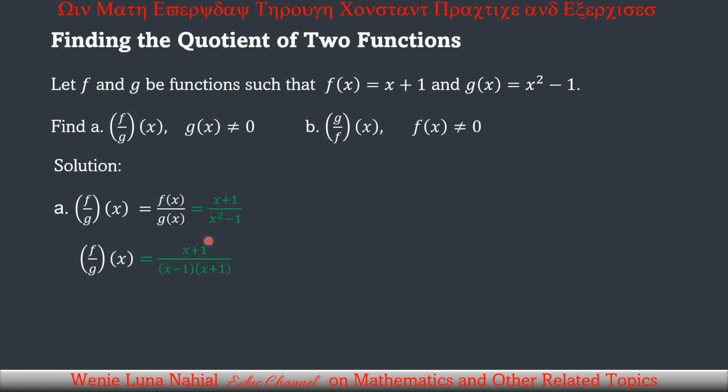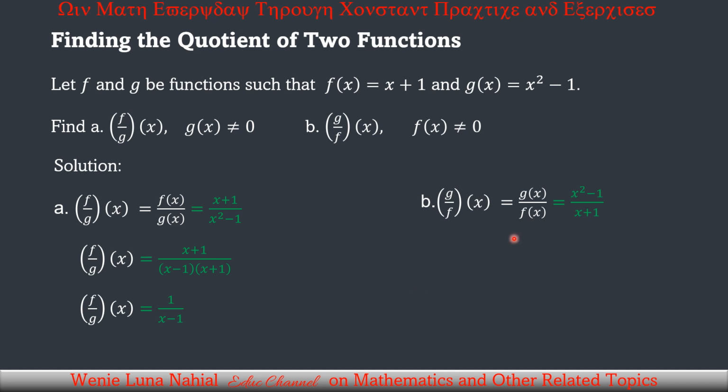So we can cancel the numerator x plus 1 and the denominator x plus 1. So we have this result. f over g of x is equal to 1 over x minus 1. So this is the quotient of functions f and g.